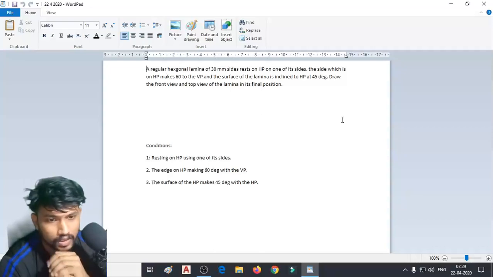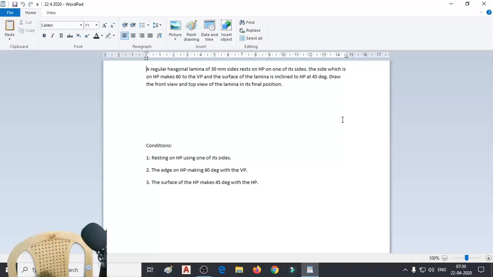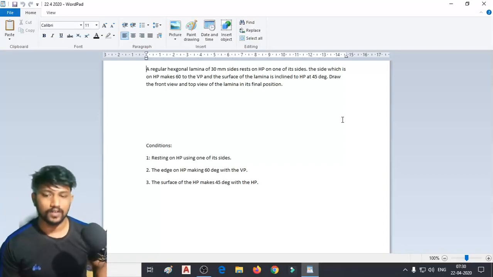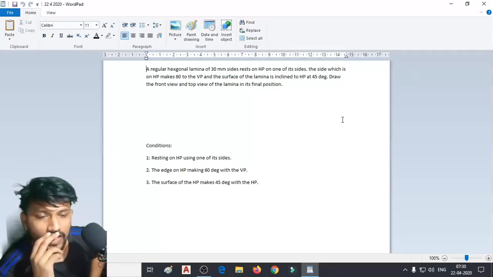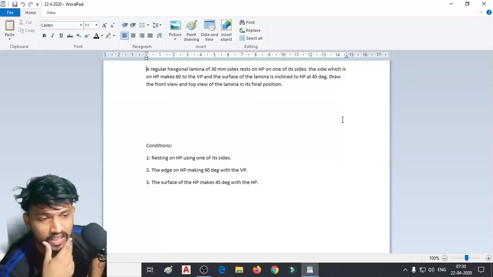Okay, so today the question that I'm about to explain is: a regular hexagonal lamina of 30 mm side rests on HP on one of its sides.